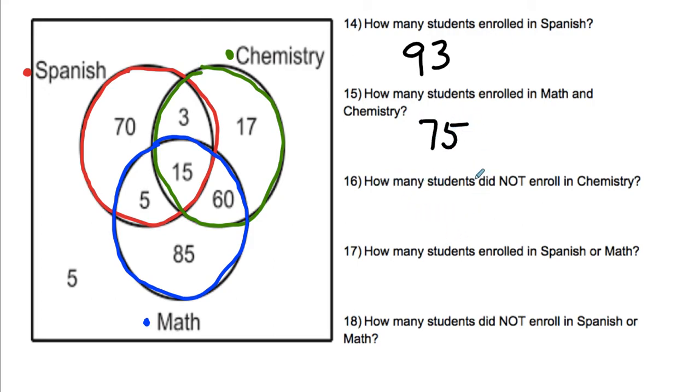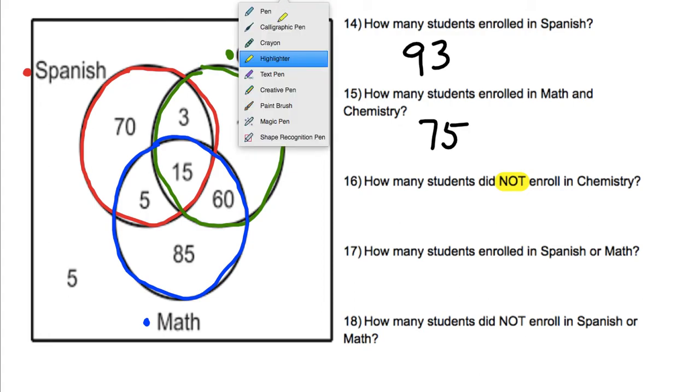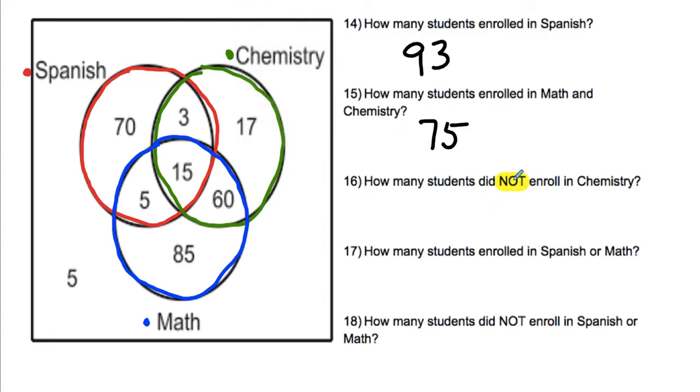Okay, how many students did not enroll in chemistry? All right, so typically when I see a question that says not, I'll think about, well, what about the ones that did? And that'll help me. So how many did enroll in chemistry?